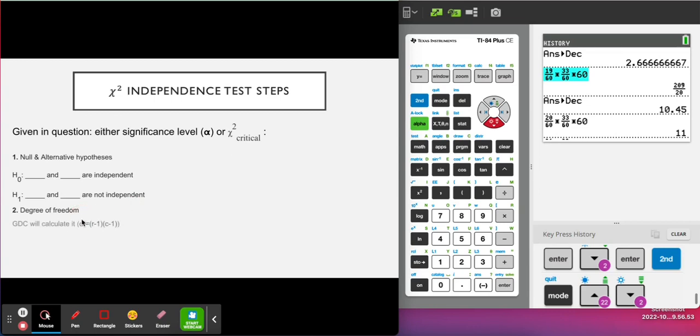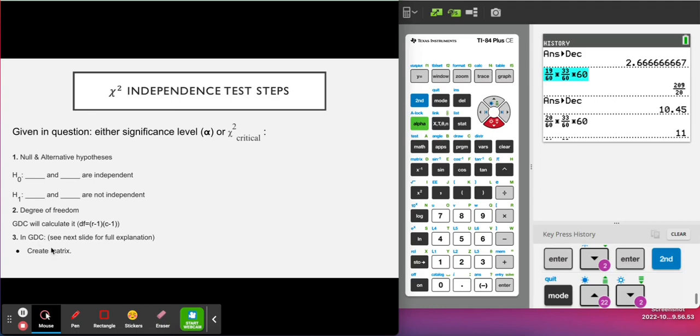Our degrees of freedom, we are going to talk about this a little bit more, but what you need to know is that for your calculator, you're going to do the number of rows minus 1, and then multiply that by the number of columns minus 1. I'm going to come back to this. Then in the calculator, you're going to be putting all the information into matrices.